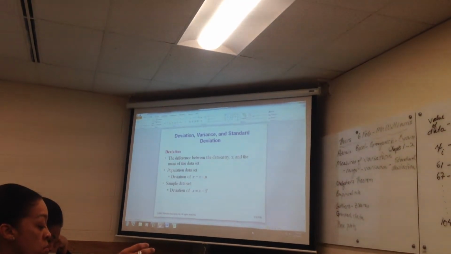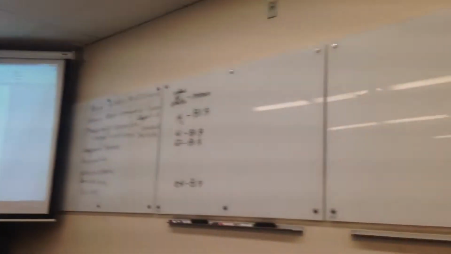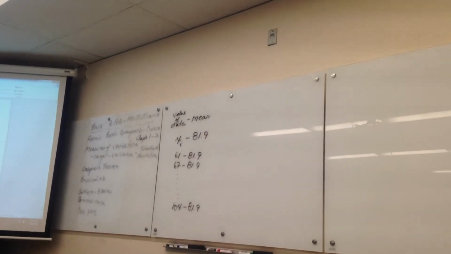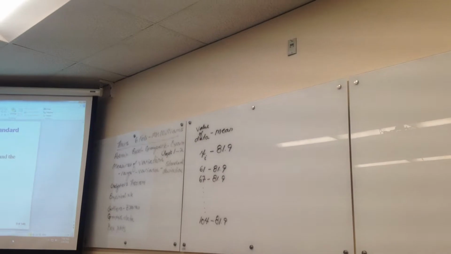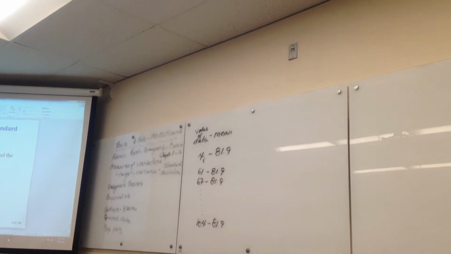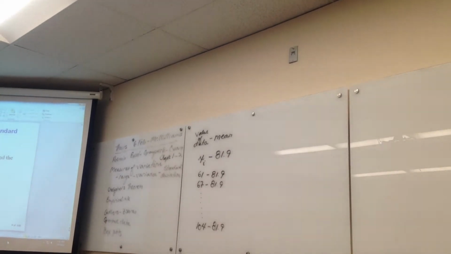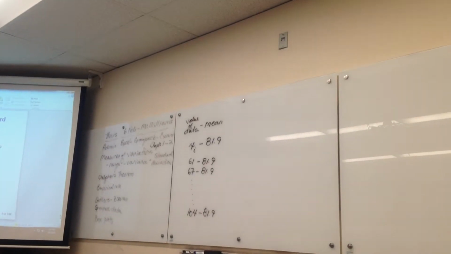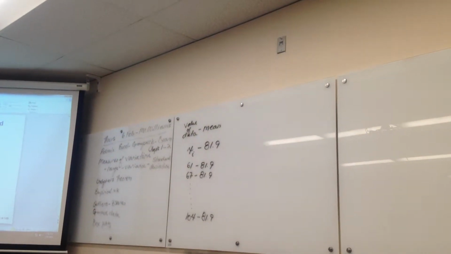Because the mean is all of the entries divided by 30, so if you add all the entries up, and subtract each one by 81.9, it'll cancel out. Oh, is that what you were going to say? That's what I was going to say. Okay, all right, fair enough. Yeah, you're absolutely both right. The answer is 0, because that's how you figured out the mean.